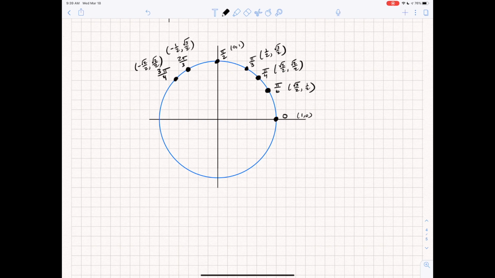And then I have 5 pi over 6, which was negative root 3 over 2, 1/2. The remaining one is down here at pi. And again, if this is the unit circle, this would be 1 step to the left and no steps up. So the coordinate for pi would be negative 1 comma 0. And so here is the first 2 quadrants.